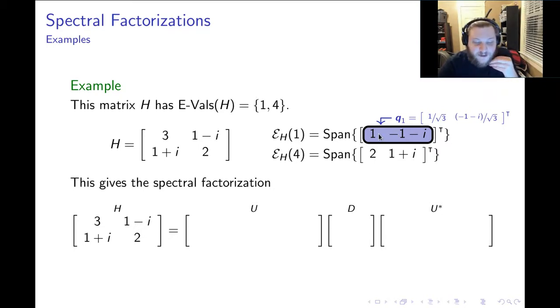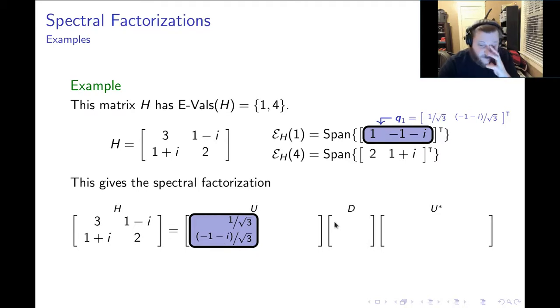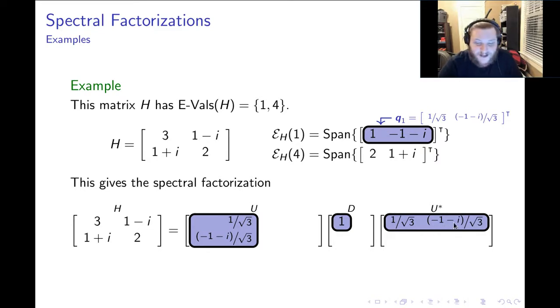The length of 1, negative 1 minus i is root 3, so I'm really just dividing this vector by root 3. So the first column of U will be 1 over root 3, and then negative 1 minus i divided by root 3. The first entry on the diagonal of D now will be 1, that's the eigenvalue, and then the first row of U star will be that vector, 1 over root 3, negative 1 minus i divided by root 3.